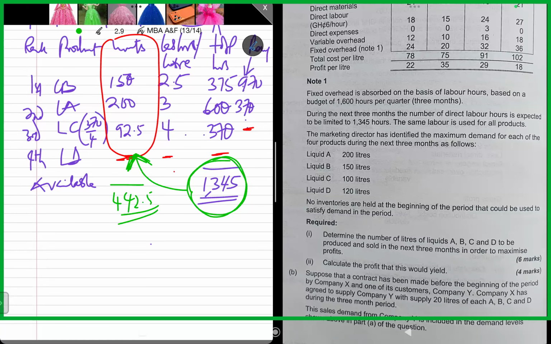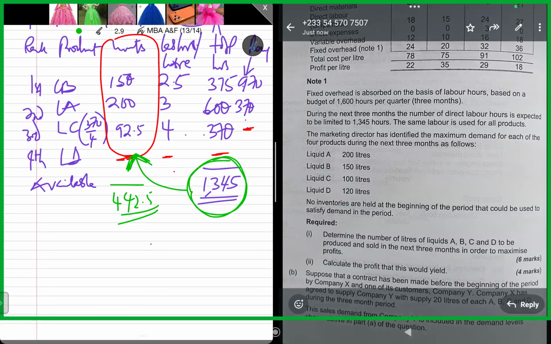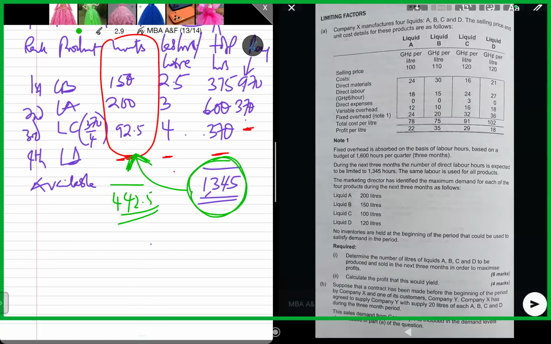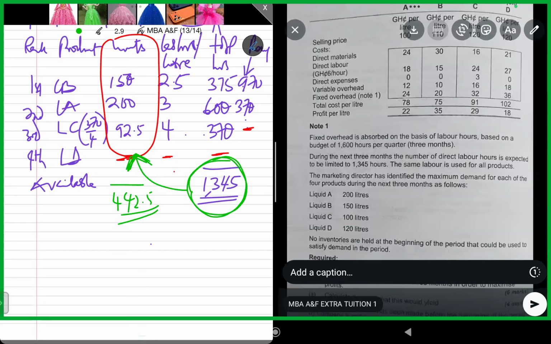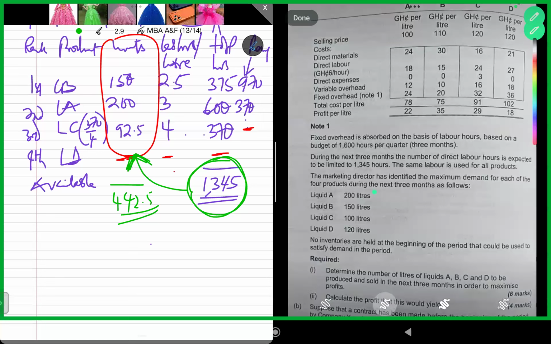Meanwhile, from the question, if you add all these three together, this is 350, this is 450, this is 570. So from the question, the total unit of oil is 570, but from the apportionment of the available labor hours, we produce 442.5.